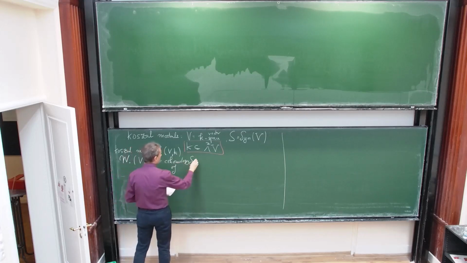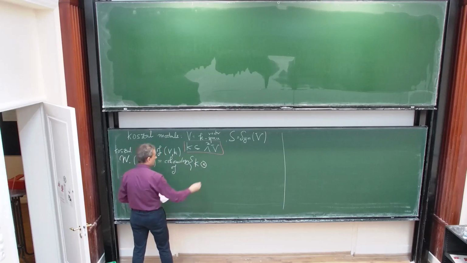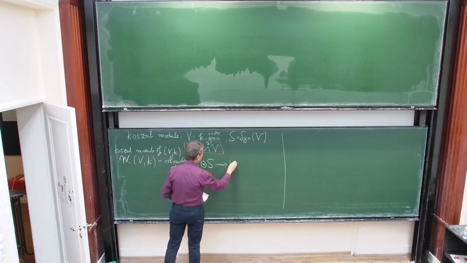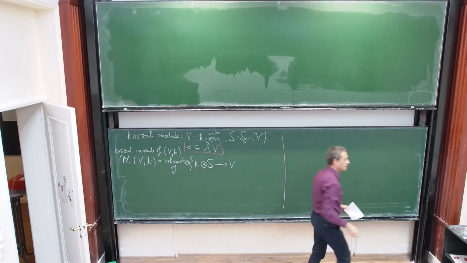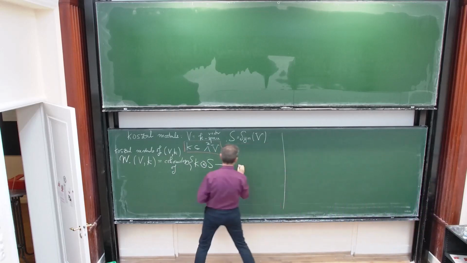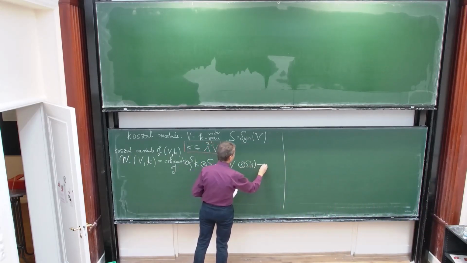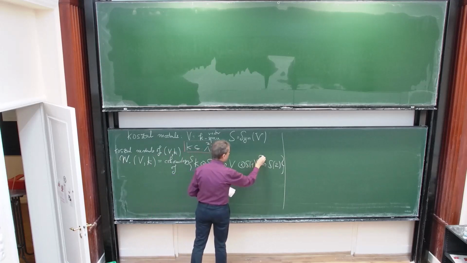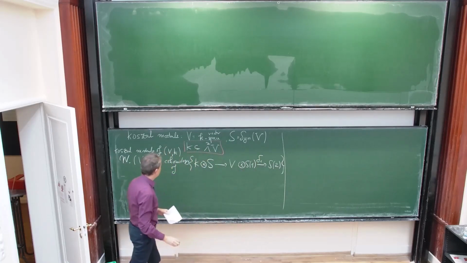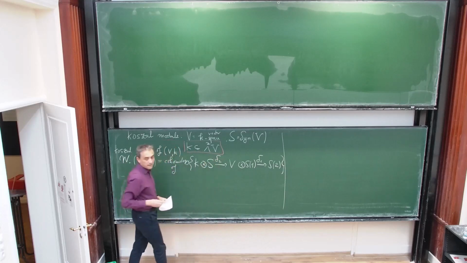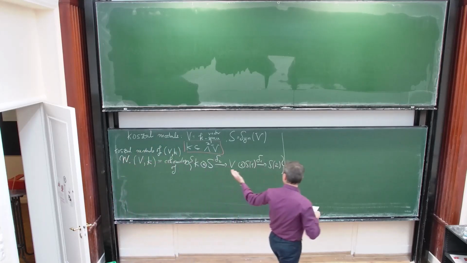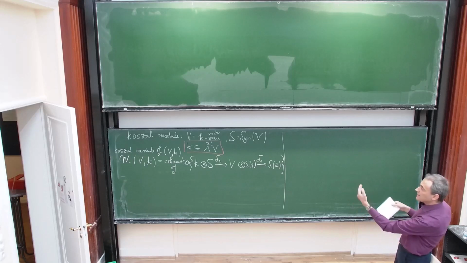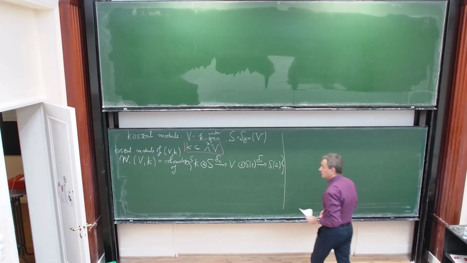I look at K tensor S, where S is the symmetric algebra, which has a grading, then it goes into V tensor S shifted by 1, and goes into S shifted by 2. Here this is the multiplication, delta 1, and delta 2 is the restriction of the Koszul differential. So these are complexes of S modules, with a grading as indicated here, and you take the cohomology of this.